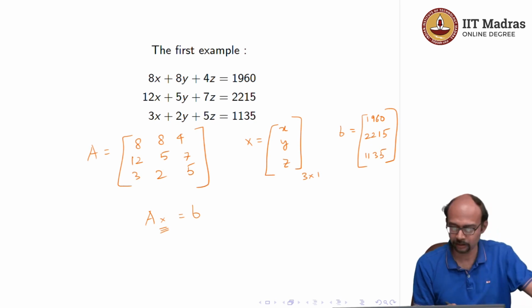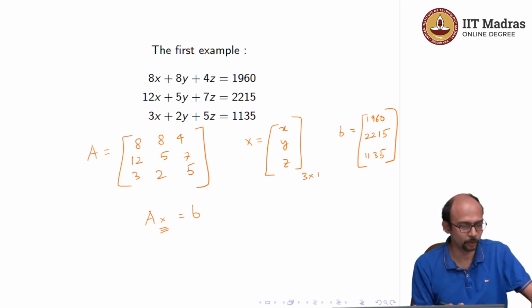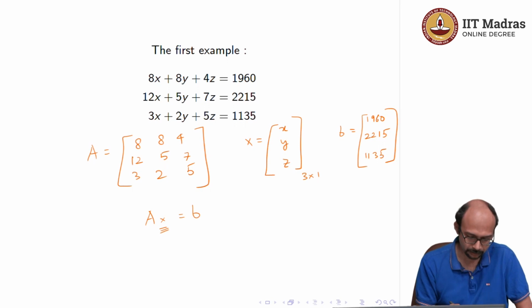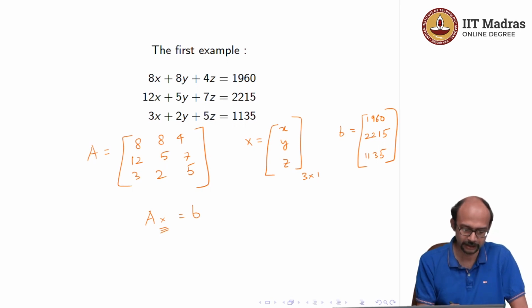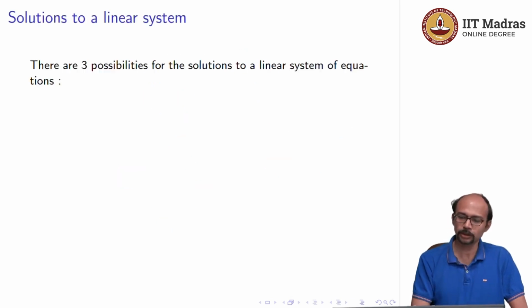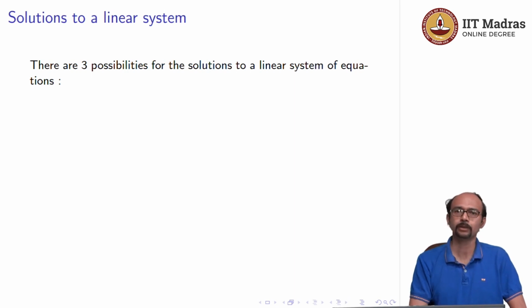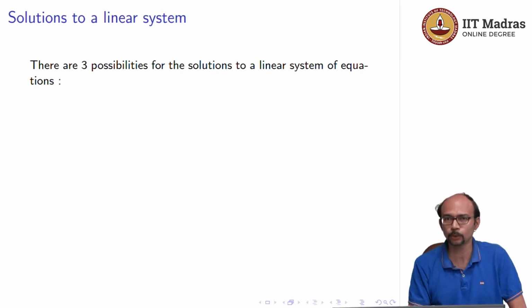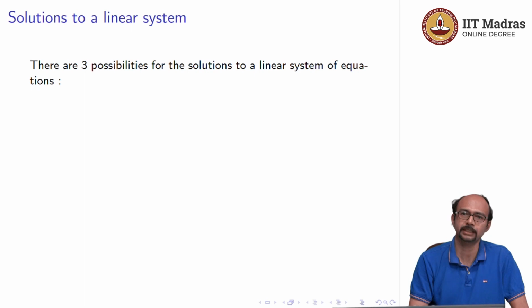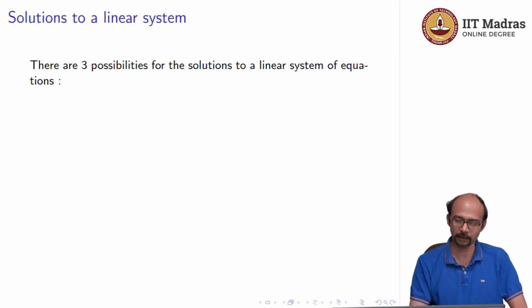So we have seen 2 examples of the connection between systems of linear equations and how to represent them in matrix terms. Now let's talk about solutions to a linear system. I explicitly found the solutions for the first example, and I asked you to check that x is 1, y is 1, z is 1 is the solution for the second example.